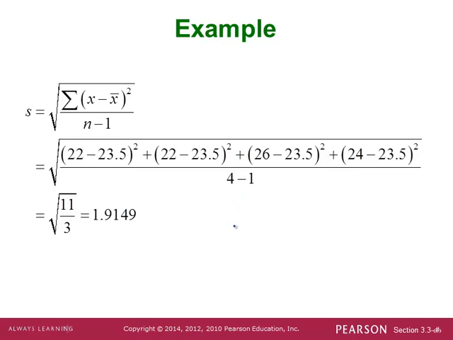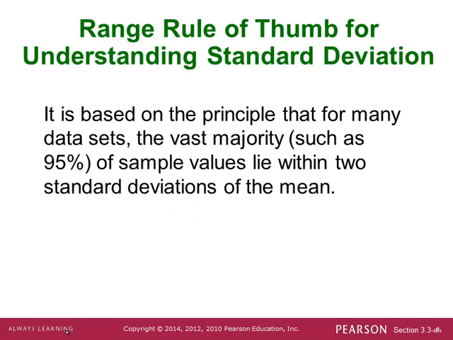So we'll divide by 3, and then take the square root of that. Now, in the numerator, if you added up the squares of these deviations, that worked out to be 11. So you have 11 divided by 3, take the square root of that, and you get approximately 1.9149, which should be expressed to 1.9, one decimal place beyond the level of precision expressed in the numbers themselves. Okay?